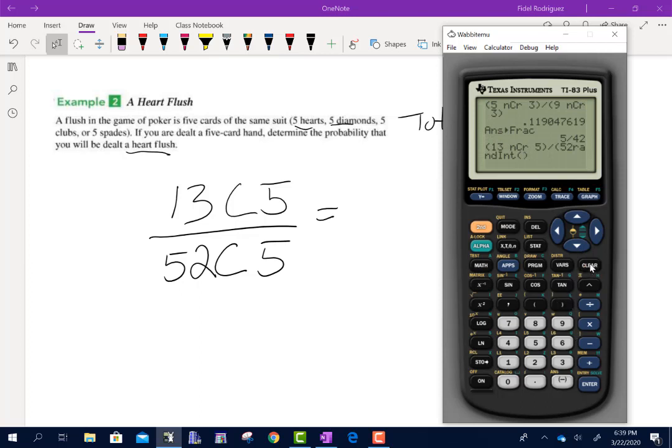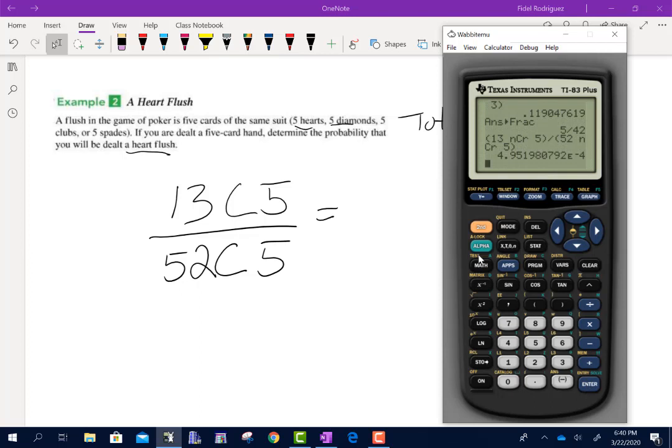Oops, I didn't do that right. Go delete, delete, delete it again. Oops, there we go. Okay, insert, math, probability. There we go. And we're choosing 5 again? There we go. Okay, I think we should be good there.